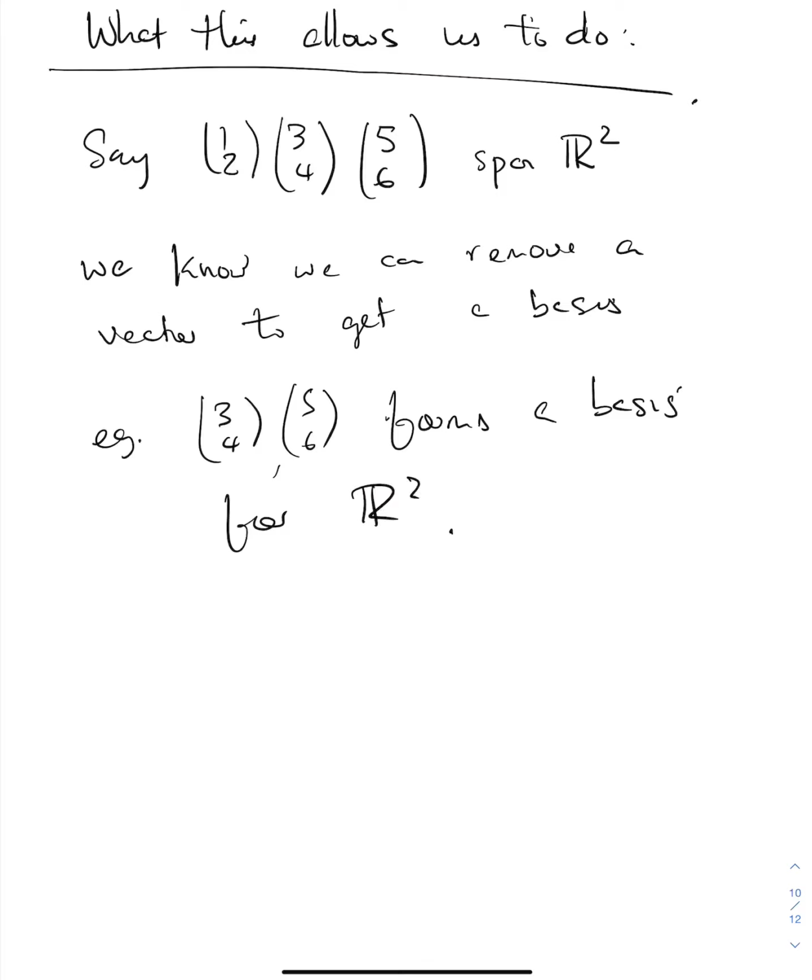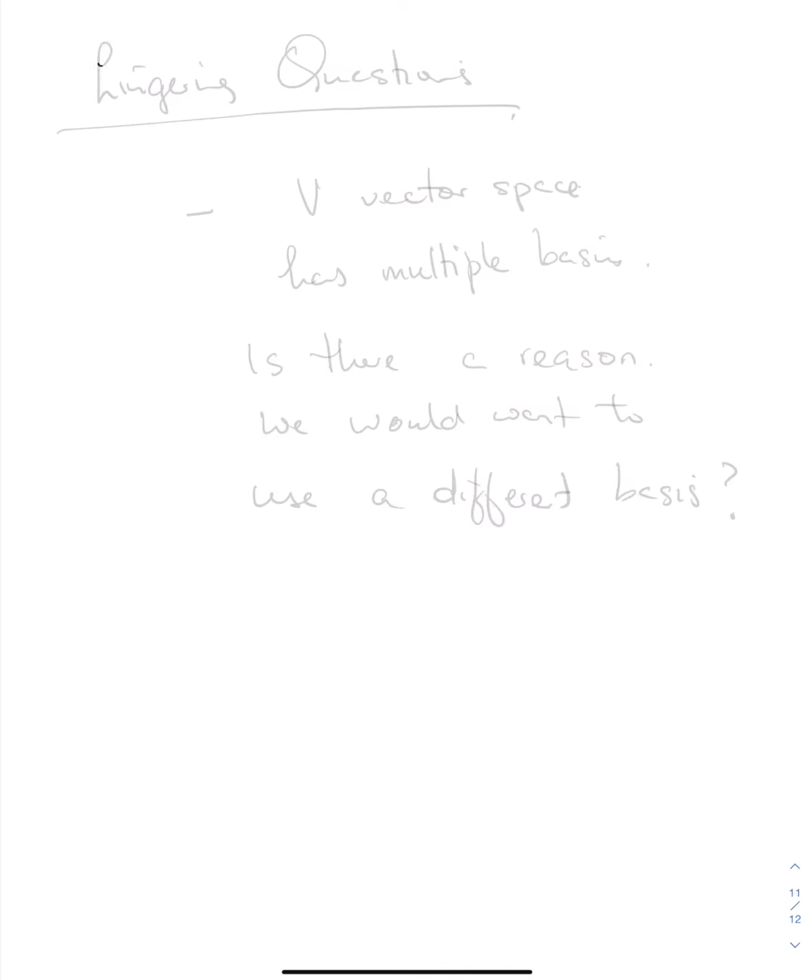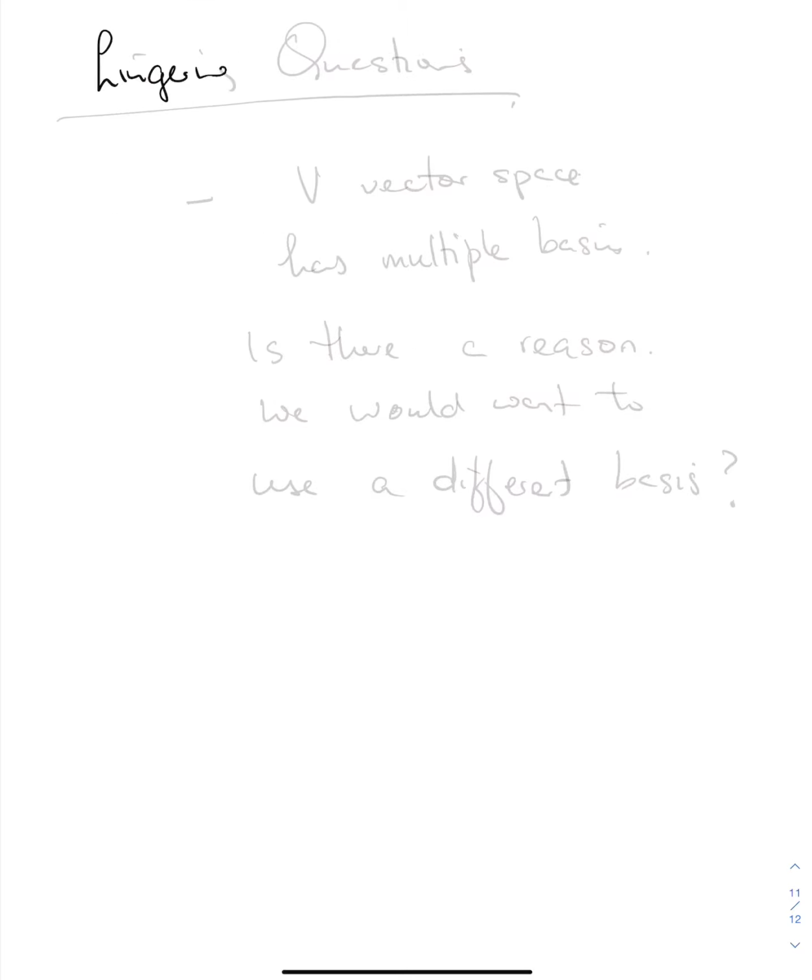So ends Theorem 24, all 7 parts of it, and our justifications for why each one of those 7 parts is useful to us. Of course, you should have lots and lots of questions. There's one that I want to draw your attention to. Say V is a vector space, and we now know that it can have multiple bases.